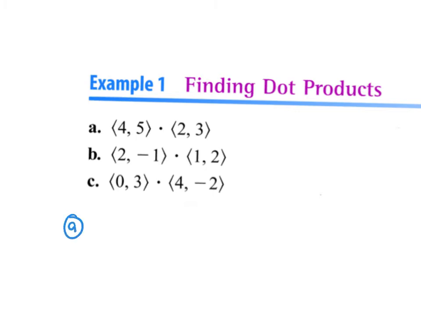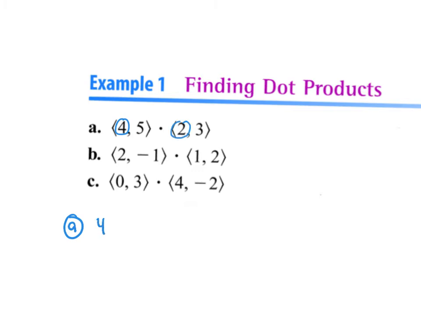If we're going to do the dot product, first multiplies with first. It's very easy to make silly mistakes if you're not paying attention. If you need to use different colors or something like that, fine. But first multiplies with first.